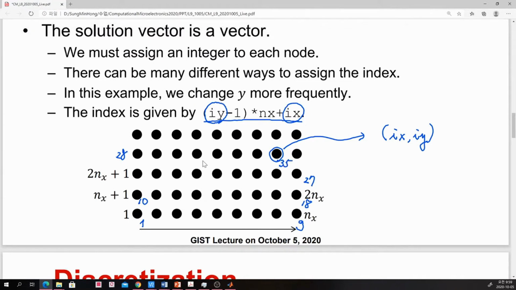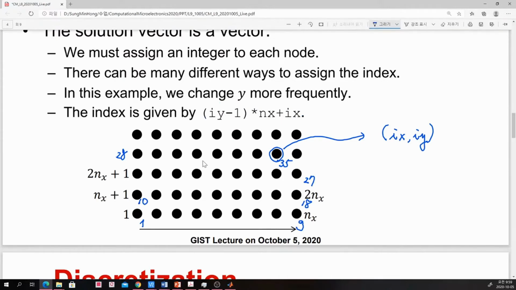Please note that this index system is not the optimal one. There is no preference between them. I just set it in this way because this is my preference. There is no specific way for all of us to follow this indexing system, so please follow your preference.